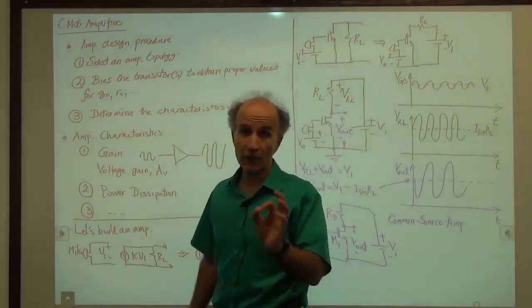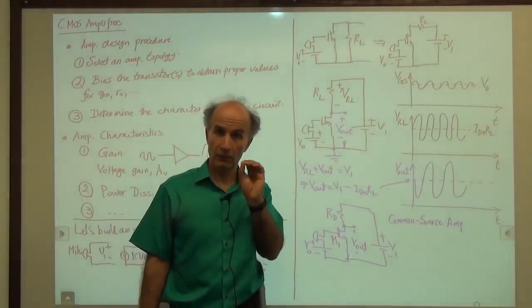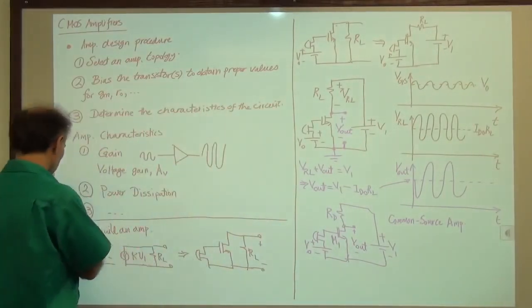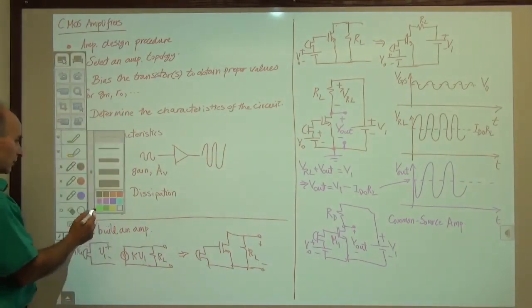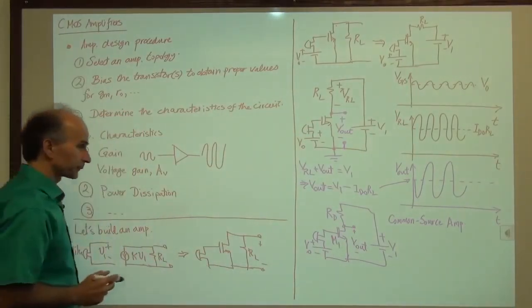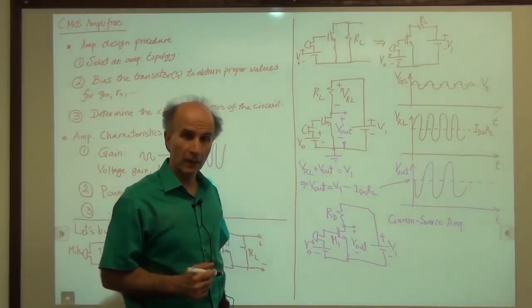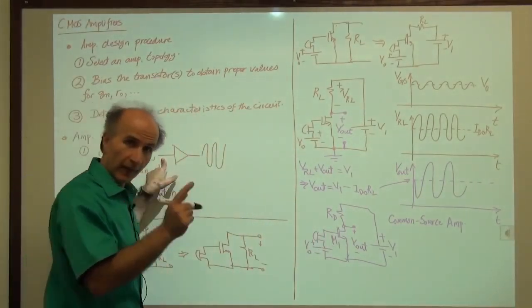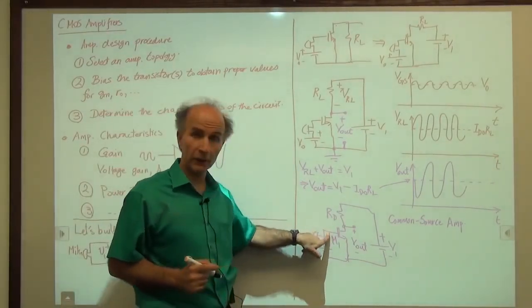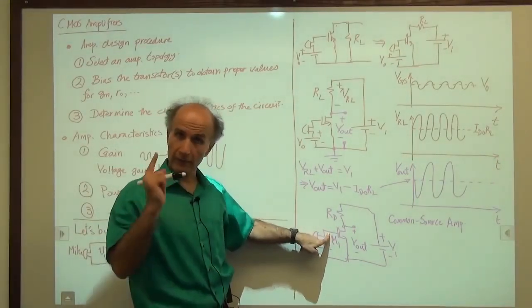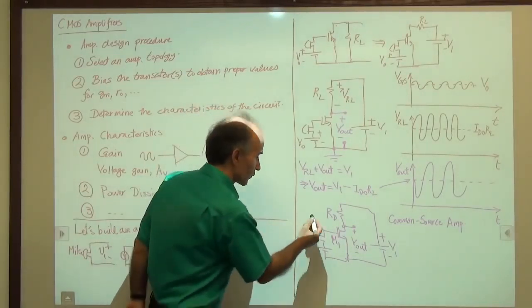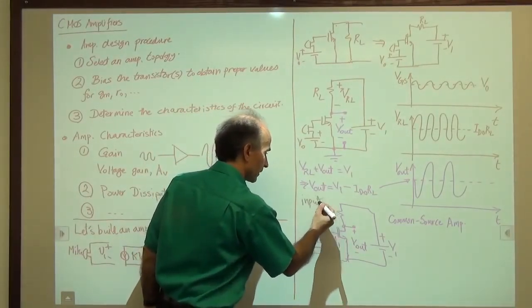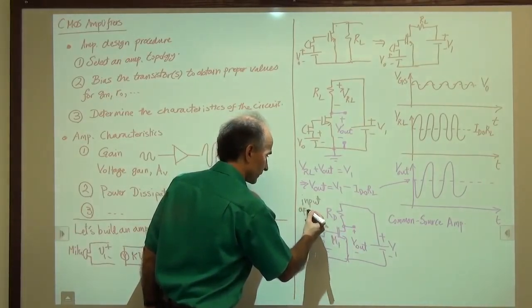The definition of a common source topology is very strict and is as follows. So I'll change the color of my pen to show you what we mean by that. Definition is as follows. The input to the amplifier, remember we have an input, right? The input to the amplifier goes to the gate of the transistor. Not to the source, not to the drain, but to the gate. So we say the input is applied to the gate.